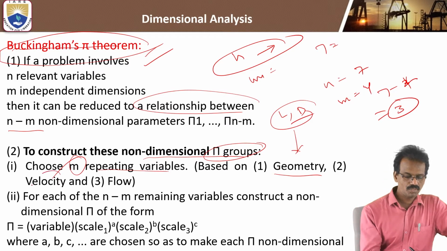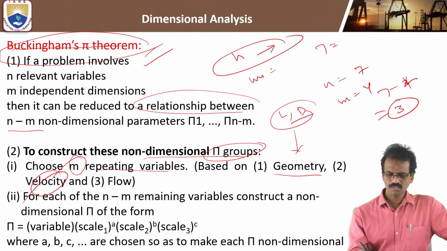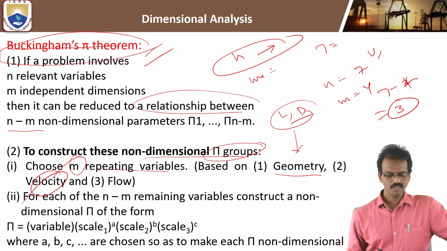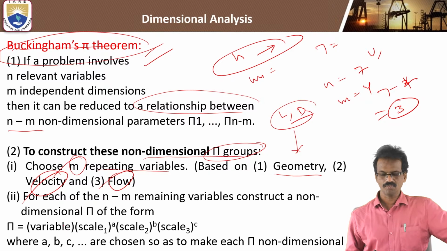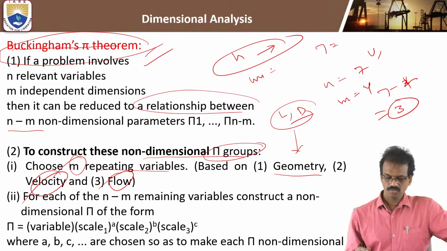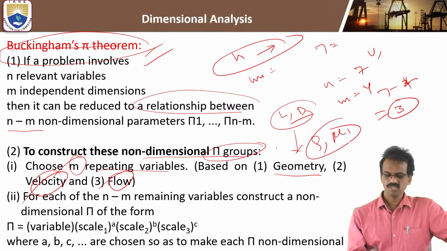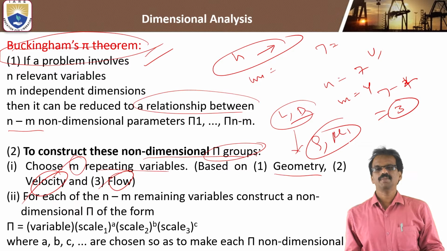The next one is the velocity of the fluid, so we can take that one. Next are the flow parameters, density and viscosity, so these are the flow related parameters. Based upon these variables we choose the m parameters.